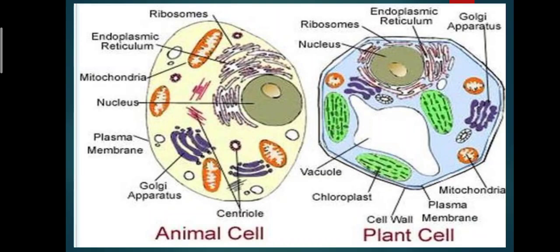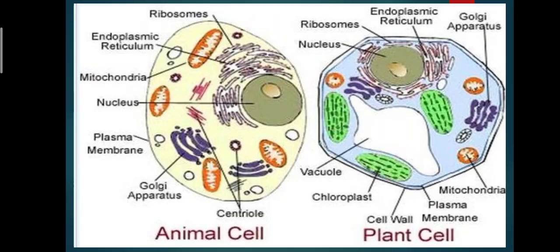Now move on. Difference between plant cells and animal cells. There are some differences between plant cell and animal cell structure and functions. Here we have pointed out some of the notable differences. The plant cells have a cell wall which surrounds the cell membrane. On the other hand, the animal cells only have a cell membrane.